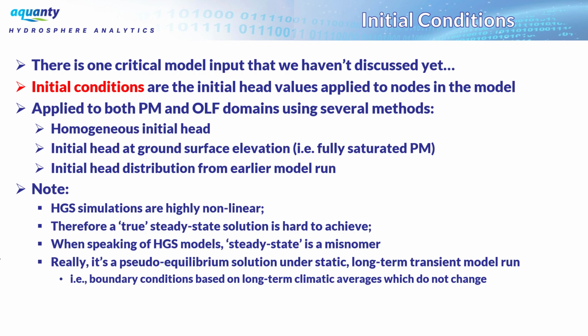What we really mean is a pseudo equilibrium solution, where it's a long-term transient model run, but the application of boundary conditions is static, so they don't change over time. So when I say steady state, just in your heads, imagine me doing hand quotes. What I really mean is this pseudo equilibrium solution.